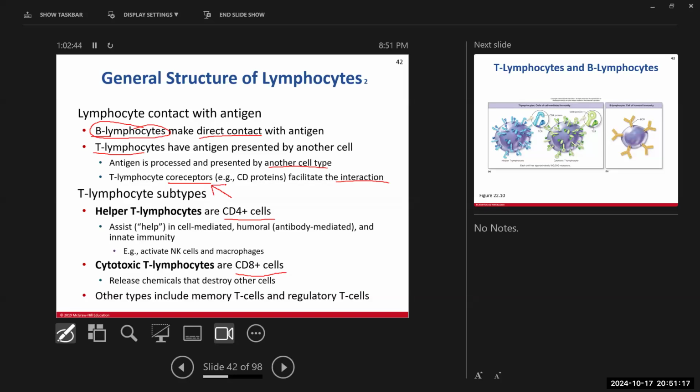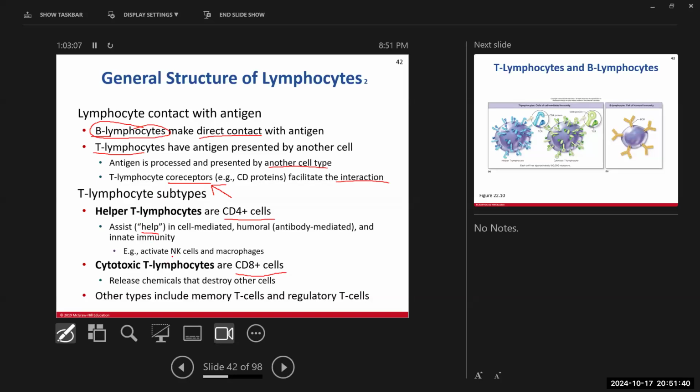Just like the name says, the helper T lymphocytes literally assist or help in both cell-mediated and humoral, and even in innate immunity. So they play a role in all the different types of immunity in the body. Why?